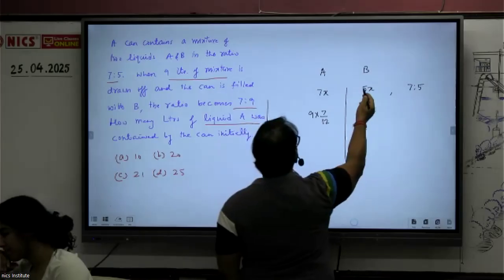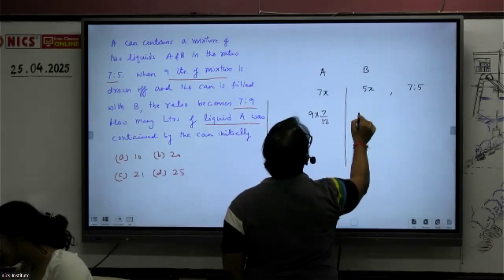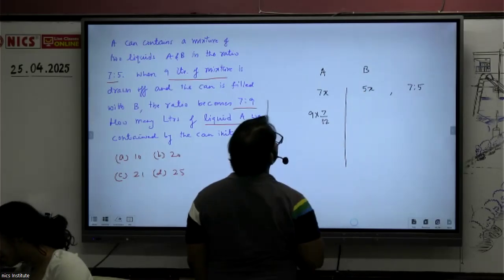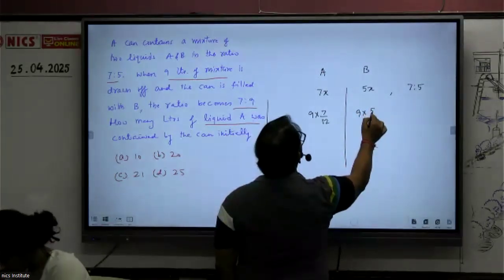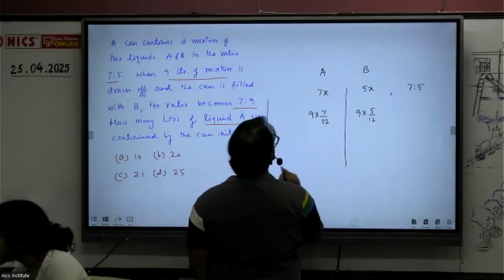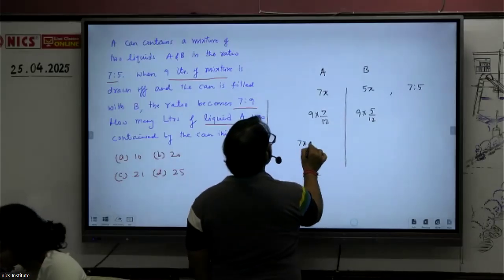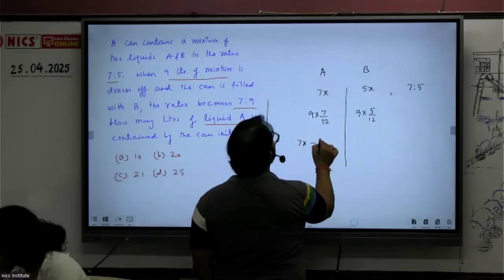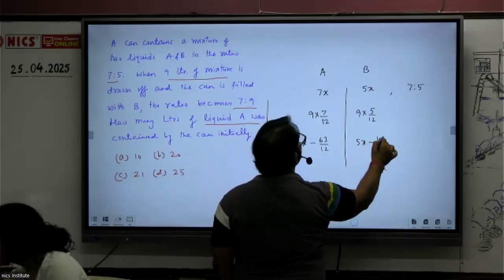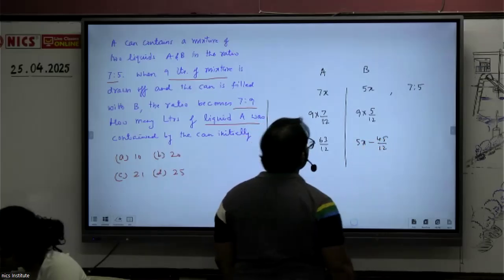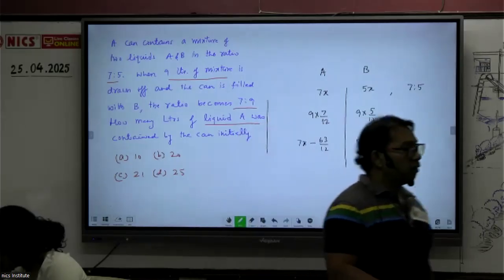What will be the volume of B? 9 into 5 by 12. So now you have 7x minus 63 by 12, and this is 5x minus 45 by 12, right? After you take out 9 liter of mixture.